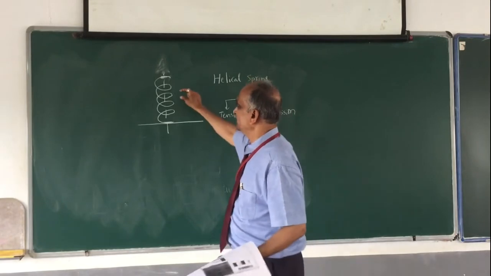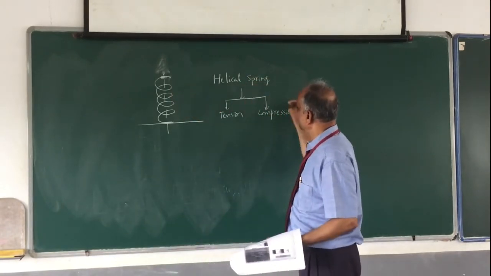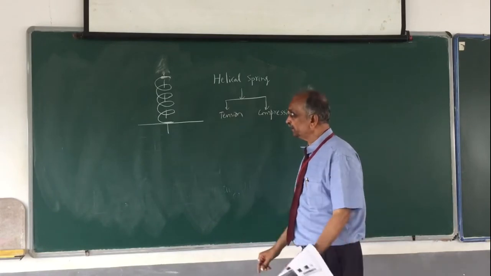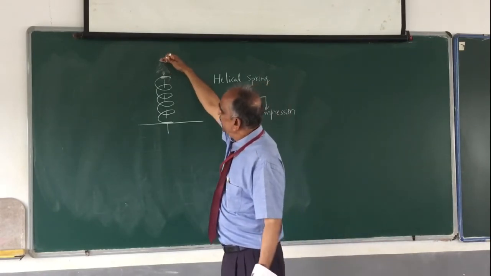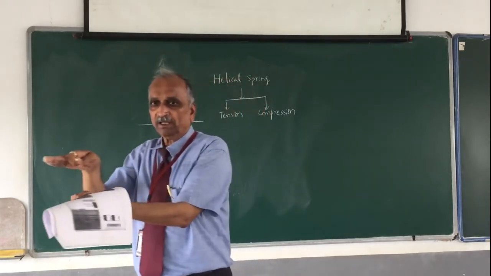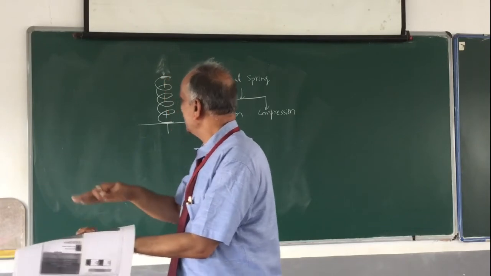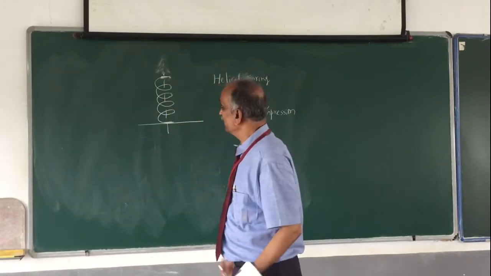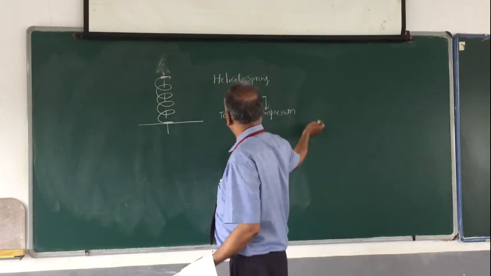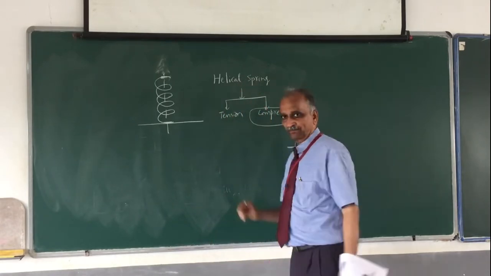If the distance between the two coils is quite large, in that case the spring is called a compression spring, and when you apply compressive load, the coils come closer to each other, and the total amount of compression depends upon the force. Now in the case of the Hartnell governor, we are going to have the compression spring.